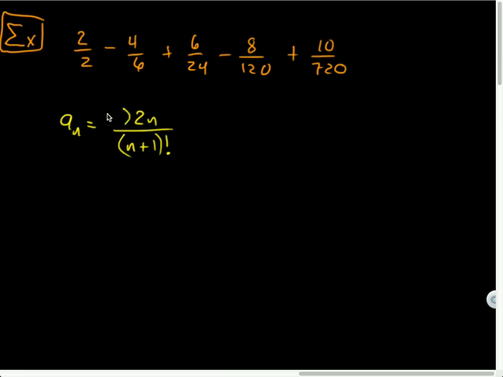Does anyone have an idea of how we could fix that? Is it convergent? So I don't think the limit would exist because of the alternating nature of it. But how could I simulate alternating signs? Put in a negative, so just, oh, now it's just negative all the time.